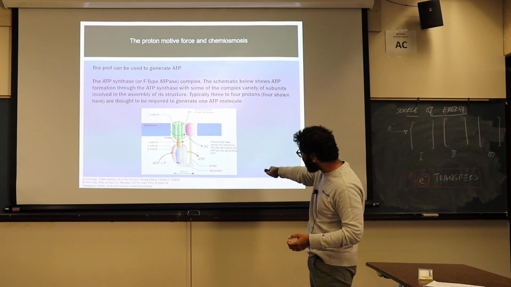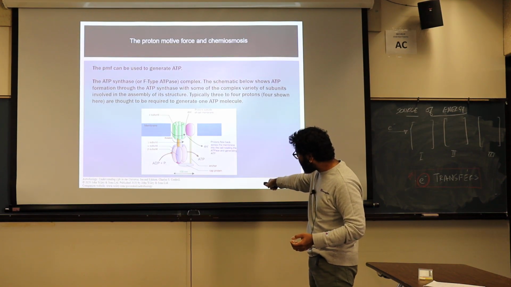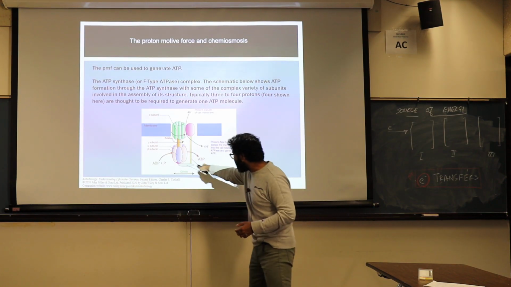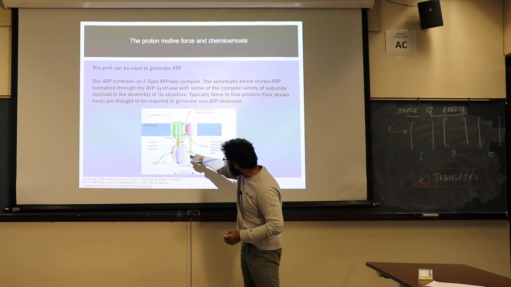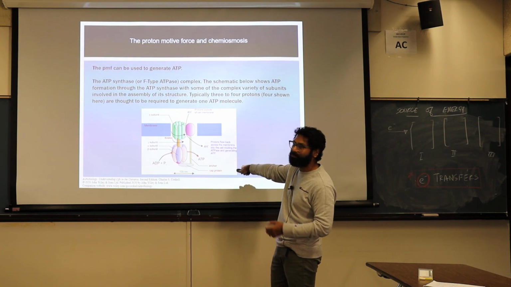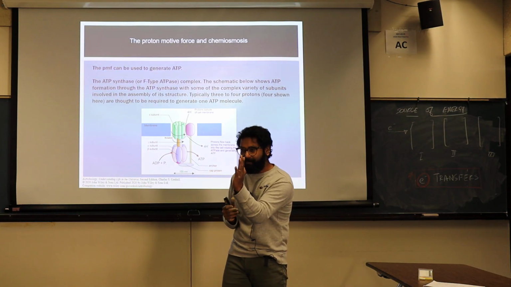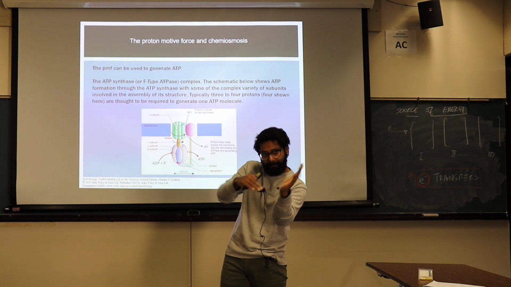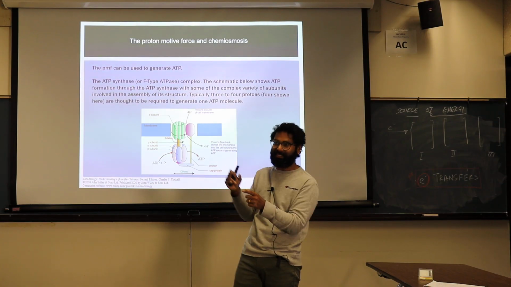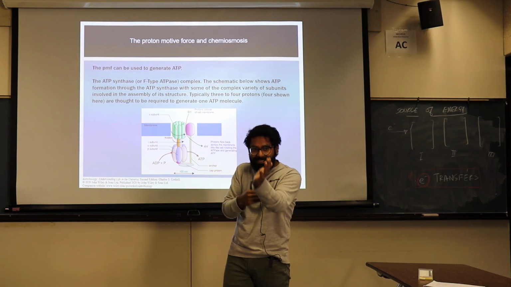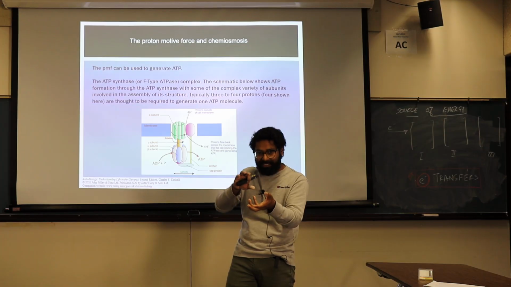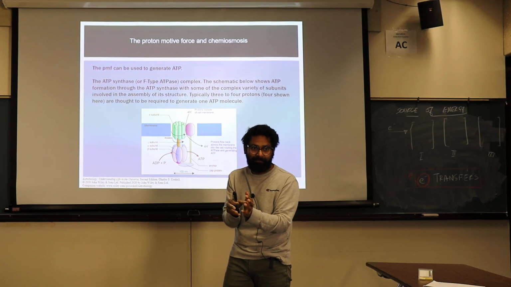When this thing gets rotated, there are these alpha, beta and gamma units in here of the ATP synthase molecule. What this does is it can orient the ADP and the phosphate in a particular orientation. When you get these things in a particular orientation, these two tend to combine.